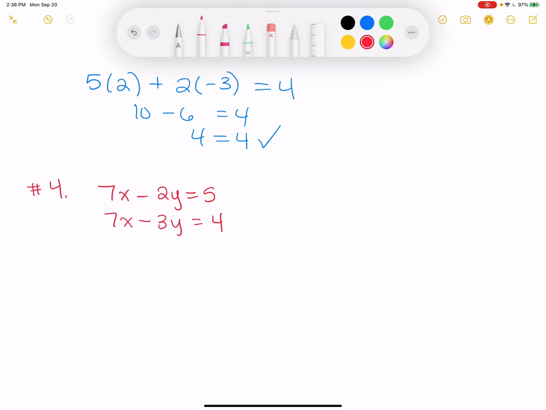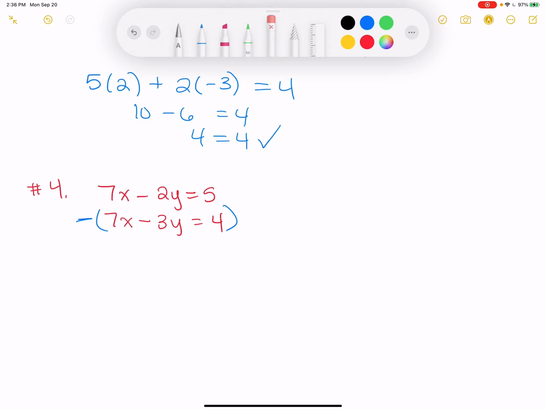So what I'm going to do, and the way I would recommend you do it, is to write this negative sign with a parentheses around the whole thing. Okay, because what I don't want you to forget, because it's a very common mistake, is that if you're subtracting, a lot of people will only subtract this 7x, but it's got to be subtracted all the way across or your answer won't come out to be right, okay?